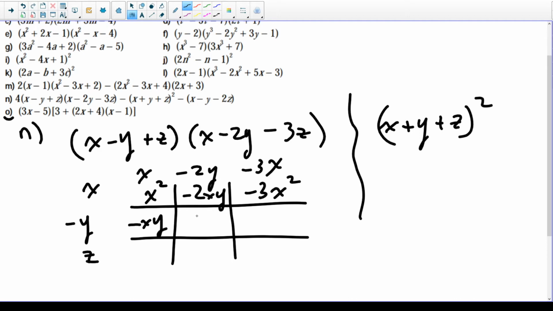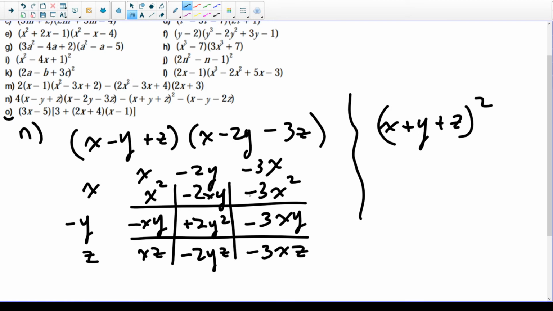Negative y times negative 2y is positive 2y squared. Negative y times negative 3x is negative 3xy. z times x is xz. That'll be negative 2yz. And then negative 3xz.